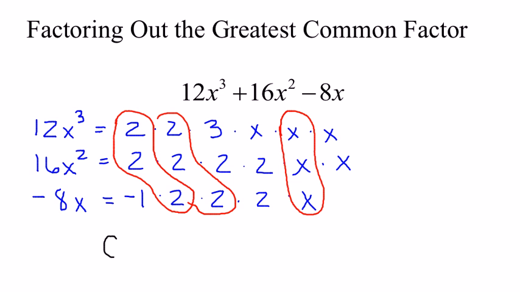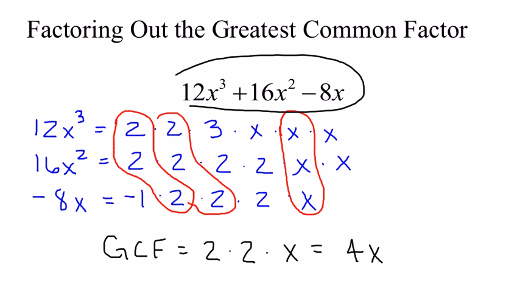So I know that my greatest common factor is going to consist of 2 times 2 times x, which when we multiply all this together, we simply get 4x. So out of this expression, we have to factor out this 4x.